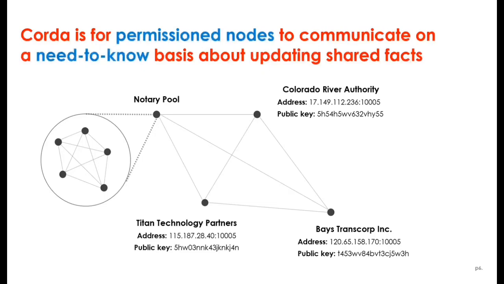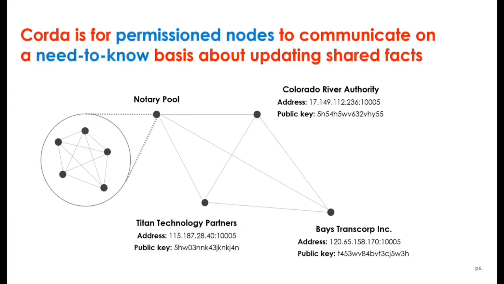Now, all of the nodes can use the network map service to transact with all of the known counterparties using private point-to-point encrypted messaging. So here we have our Corda network, and we can see a notary pool. By looking at one of these nodes, Titan Technology Partners, we can see the legal name, the address, and the public key.